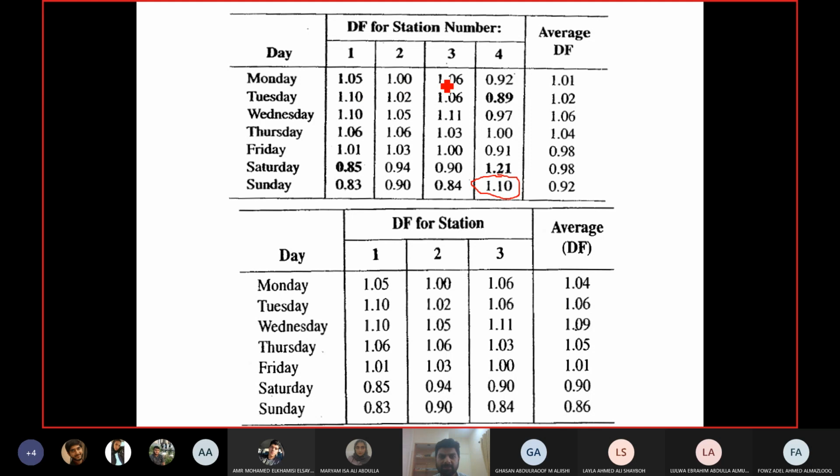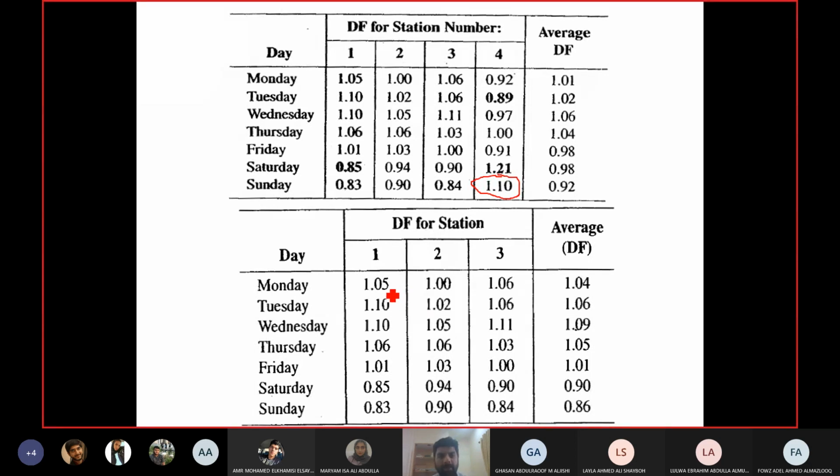The first 3 stations did not have any value out of the range except for Saturday. So obviously, when you took out station 4, the values will not go out of the range for other days. They will now come closer to the average. The values of the first 3 stations in the days where they were already in the range will not go out of the range because you have taken out 1 station. In fact, they will become closer to the average.